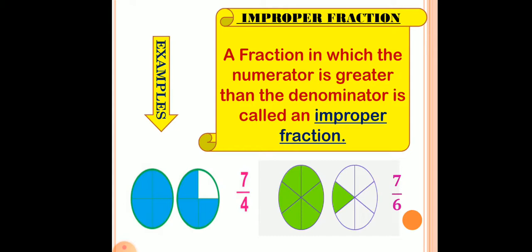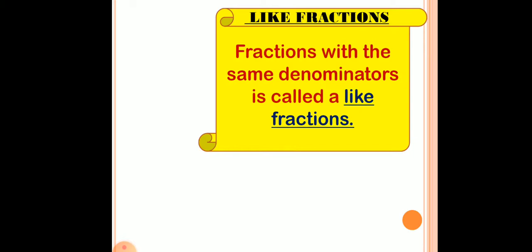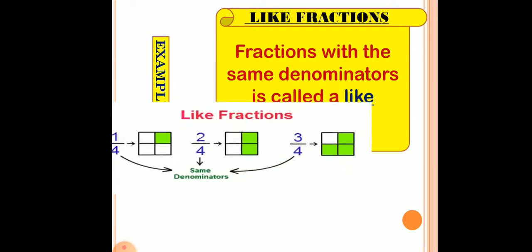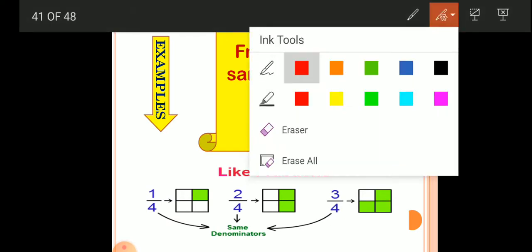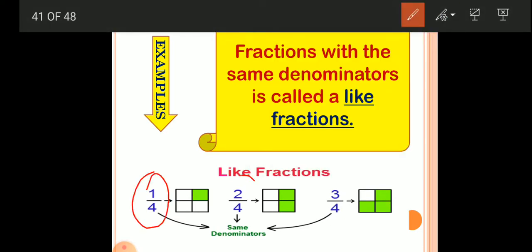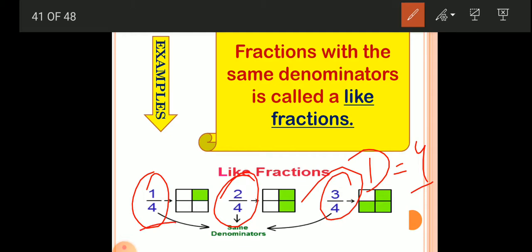Now let's see the other, like fractions. Fractions with the same denominators are called like fractions. Let's see the examples. So here we are with the examples. You can see that in all the 3 examples given, that is 1 by 4, 2 by 4 and 3 by 4, denominator is 4 in all the 3 cases.